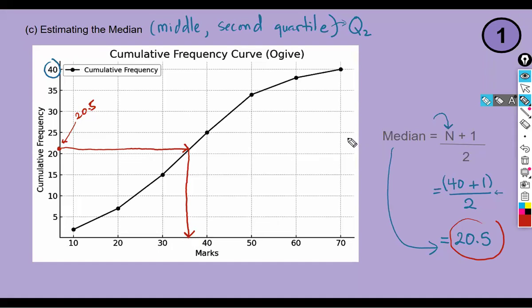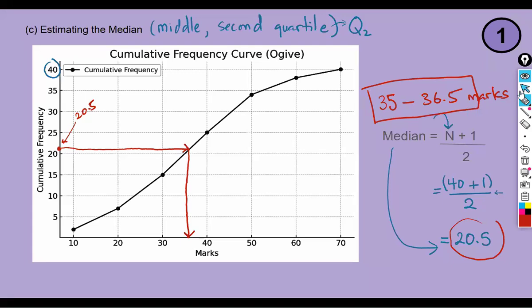So the examiner is going to be a little bit lenient, you know why? Because everybody has a different hand, and everybody is going to draw the curve slightly differently. So the examiner is going to have a range. So for the median, anything between 35 and 36.5, I would consider correct. And you have to put the word marks after, because that's the median mark.